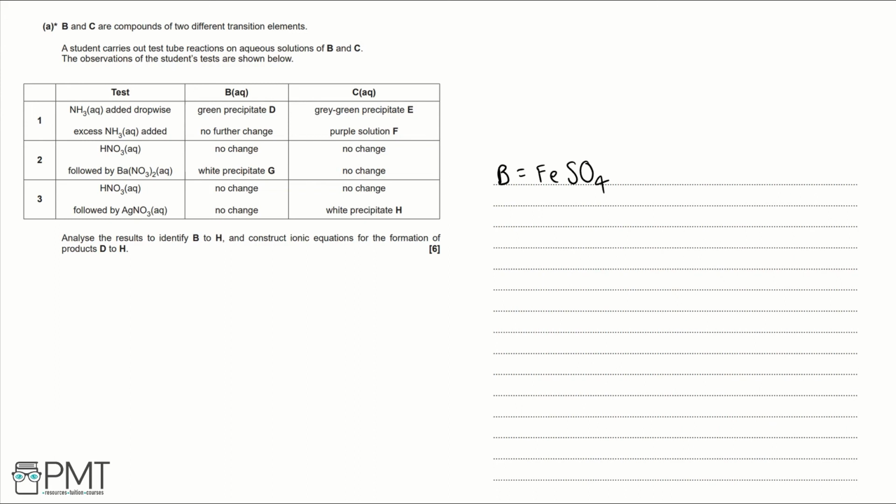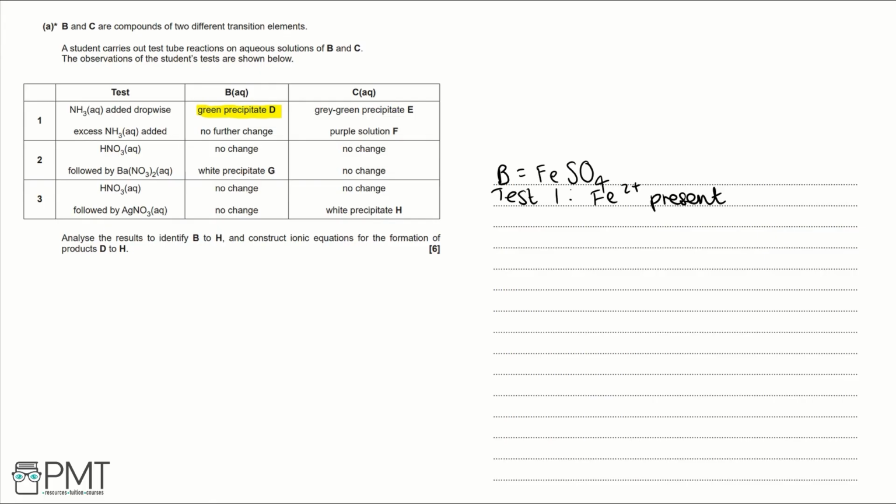So B is FeSO4, or iron sulfate. That's because if we look at test 1, we've got a green precipitate called D when you add ammonia dropwise. Getting a green precipitate is a test for iron 2+, so we can write that test 1 shows that iron 2+ ions are present.